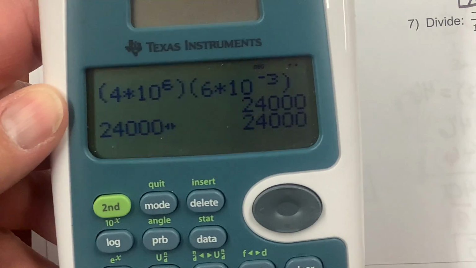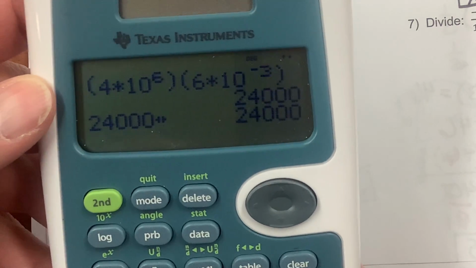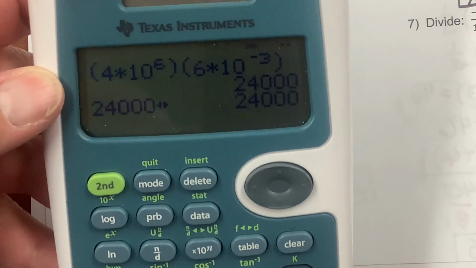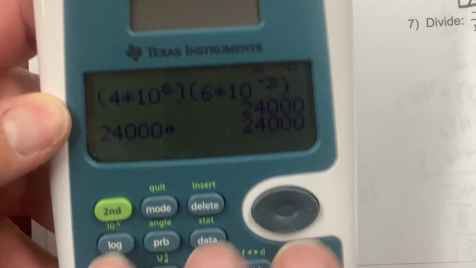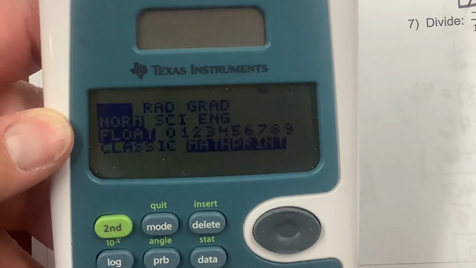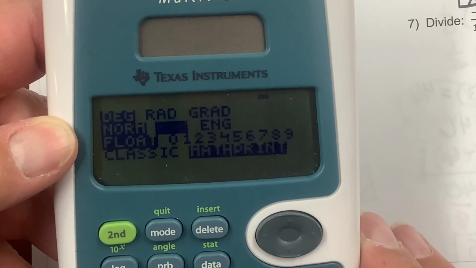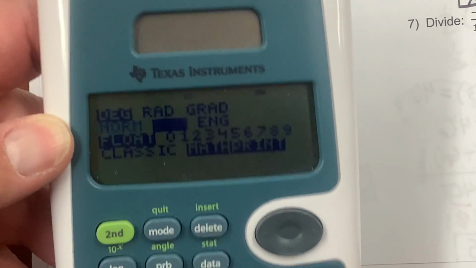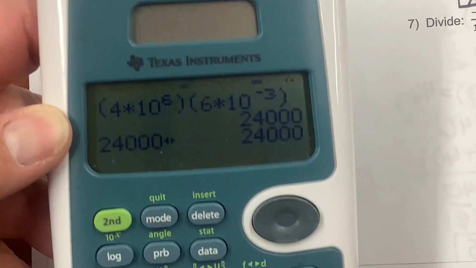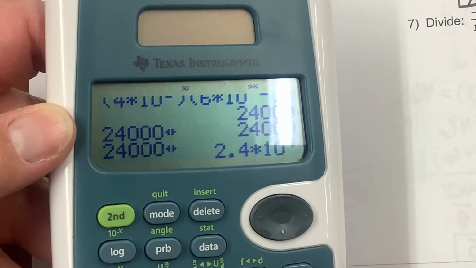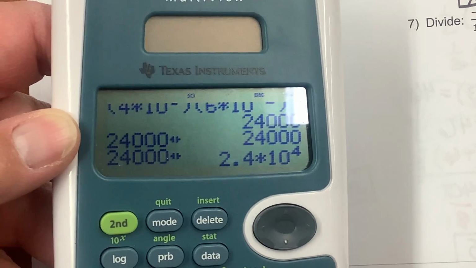Oh, wow, I wonder how I changed that into scientific notation. I bet there's a button. Let's see, mode, and not norm, sci. I'm going to hit that button and clear this, and now I'm going to press the button, and look what it did. It changed it to scientific notation for me. 2.4 times 10 to the 4th.